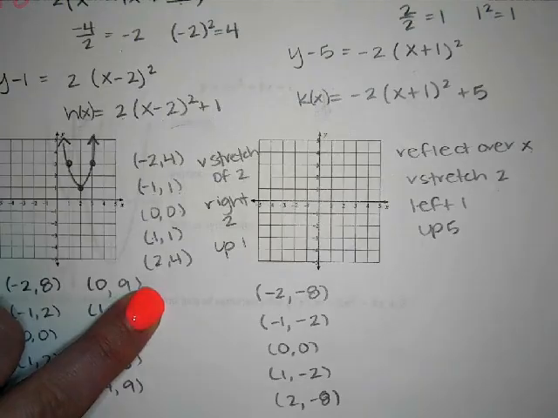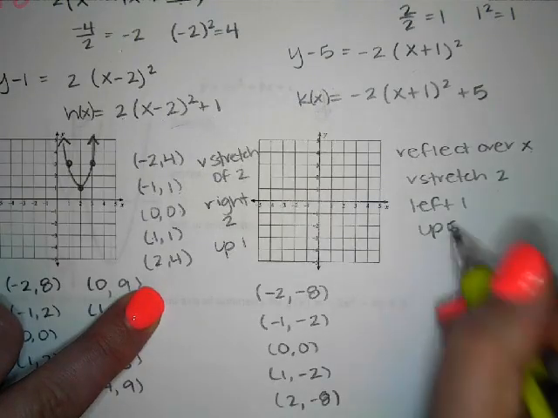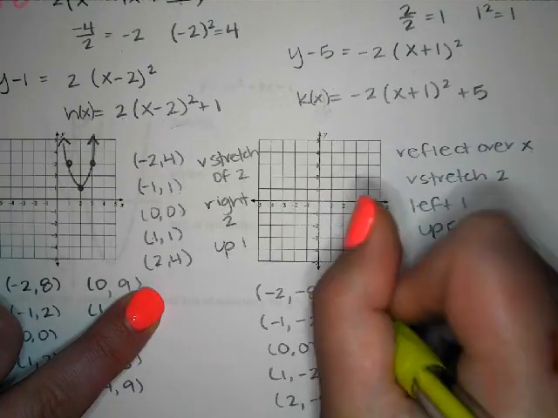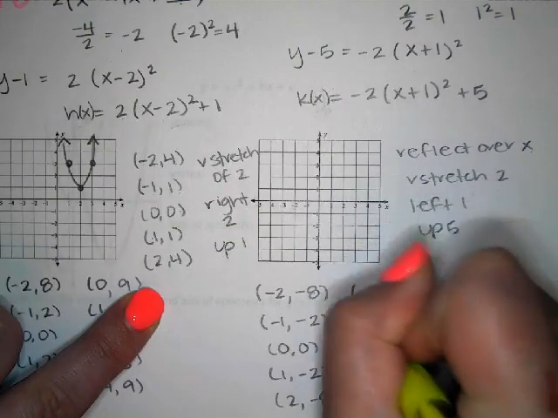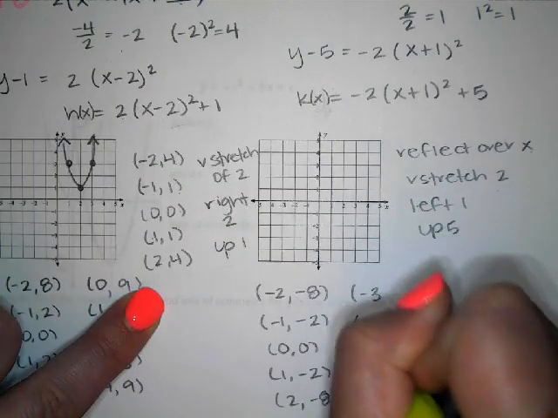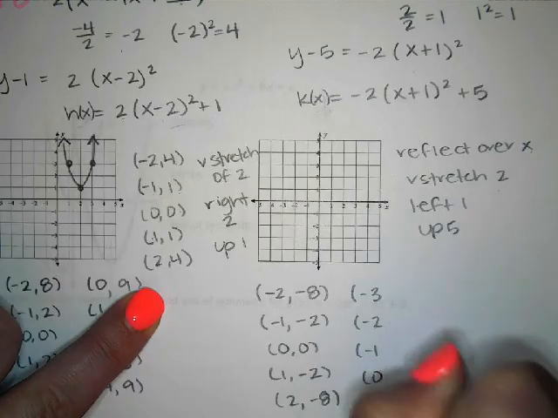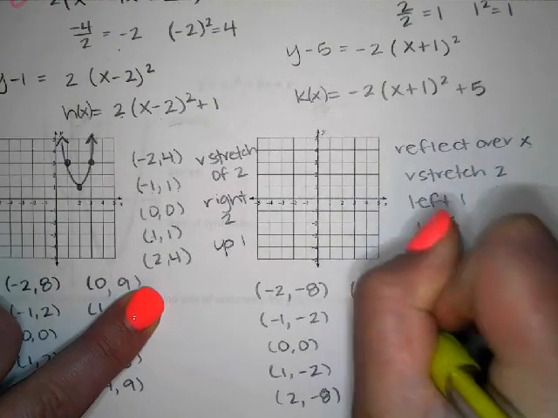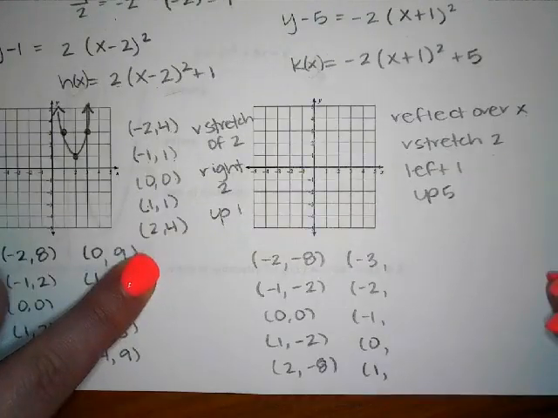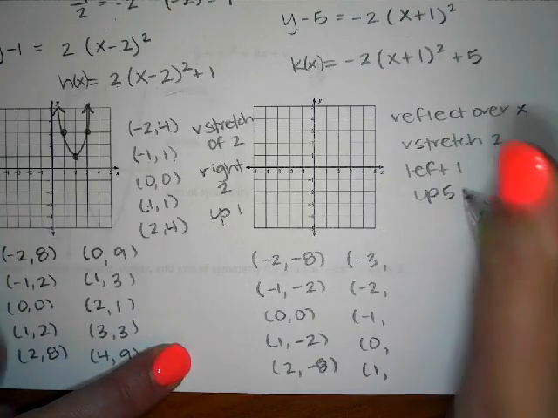And then I'm going to shift all the points left 1 by taking the x coordinate and subtracting 1. And then I will shift all the points up 5 by taking the y coordinate and adding 5.